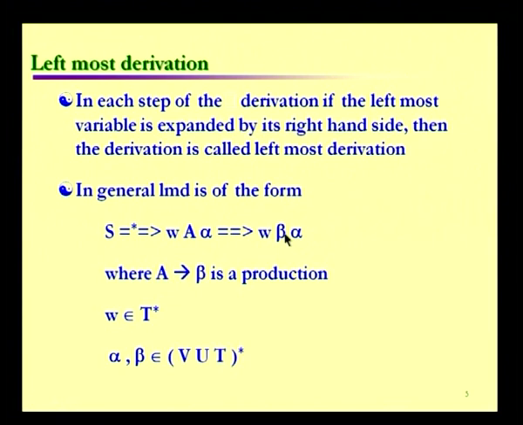So, what happens here is, in the place of this A we have a beta. This is possible because we have a production rule A derives beta.